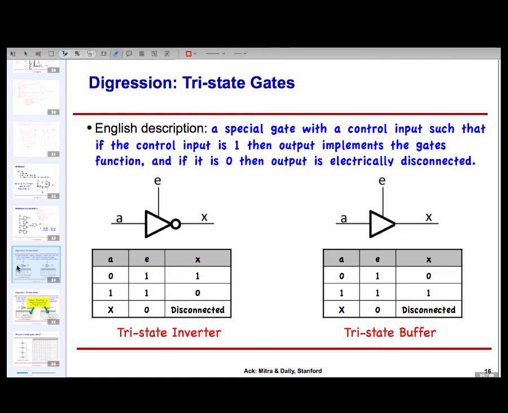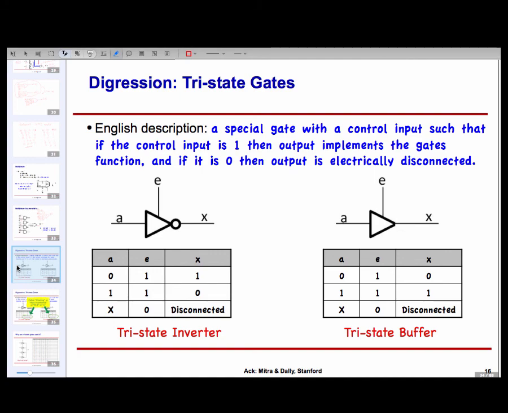If they're both outputting 0, it's fine. If they're both outputting 1, it's fine. But if one outputs 0 and one outputs 1, things will go bad. In fact, even if they're both outputting 1, things can go bad if their ones are not exactly the same voltage, and vice versa. So I cannot connect things with different voltages together.